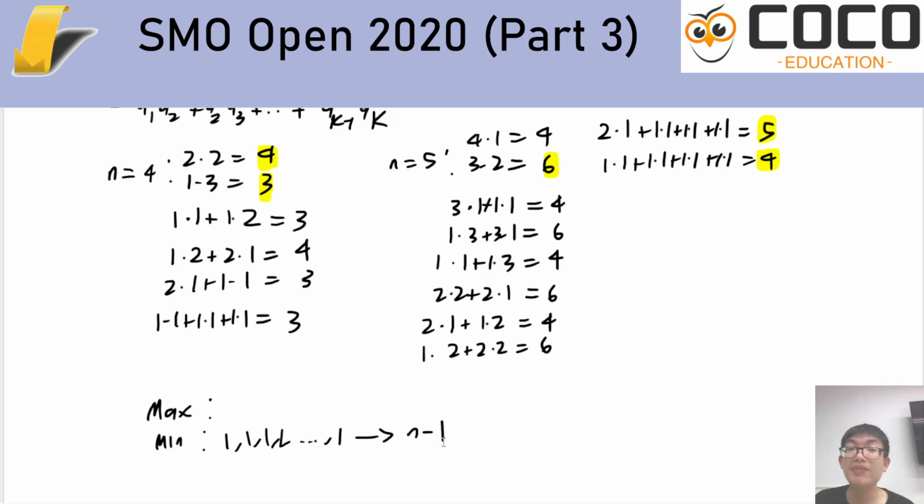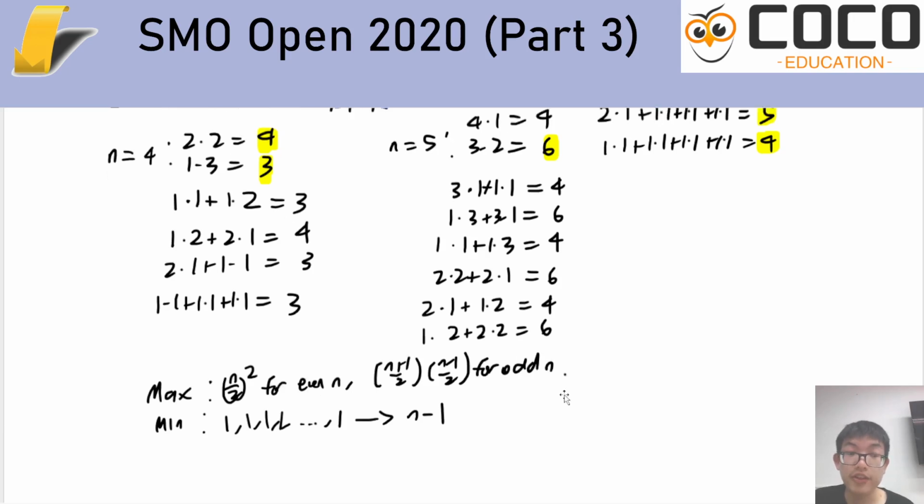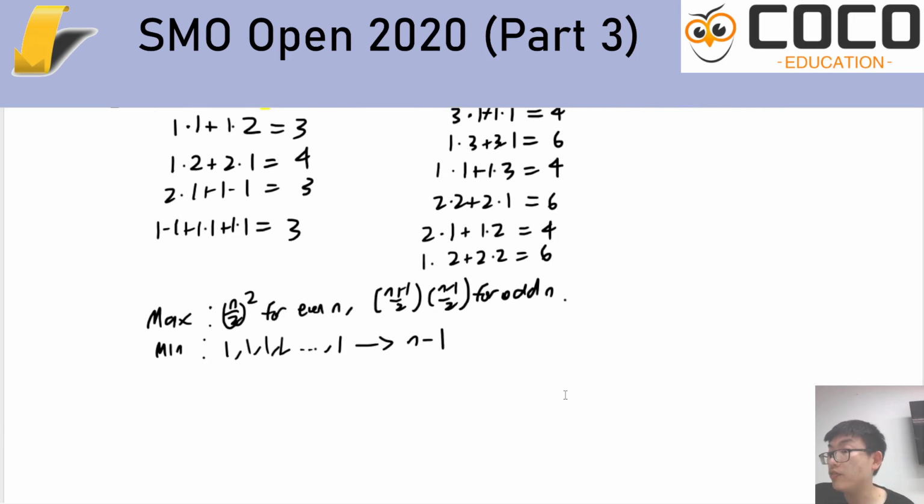And for the maximum, I am pretty sure that the best thing I can do is 2 close numbers for even n, and this for odd n. And the average would just be the average of the front and back.